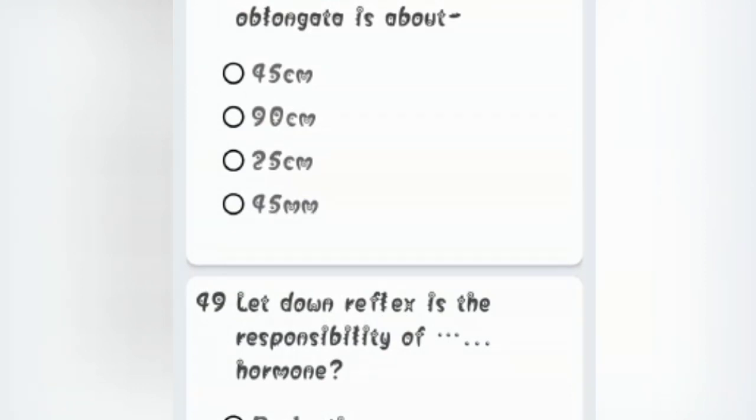The length of medulla oblongata is about option A 45 cm, option B 90 cm, option C 25 cm, and option D 45 mm. The answer of this question will be option A 45 cm.